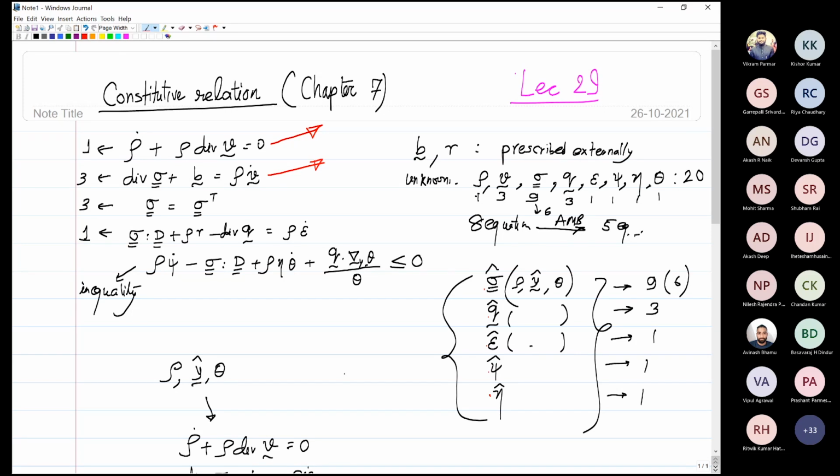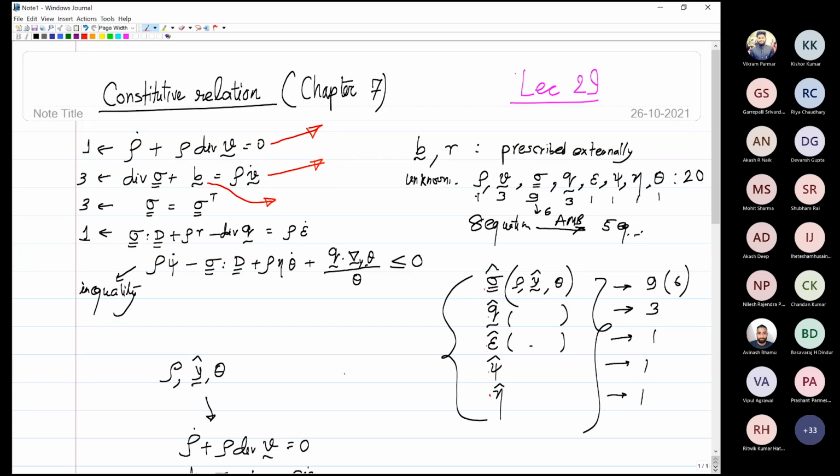So sigma must be such that it obeys the LMB. It cannot violate the LMB. But it turns out even LMB does not put any extra restriction on the function for sigma because of the presence of B. Whatever sigma you choose in the constitutive equation, you can always think of a body force B so that the LMB gets satisfied.